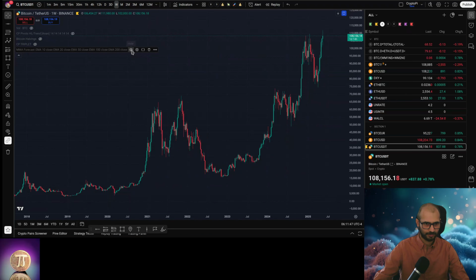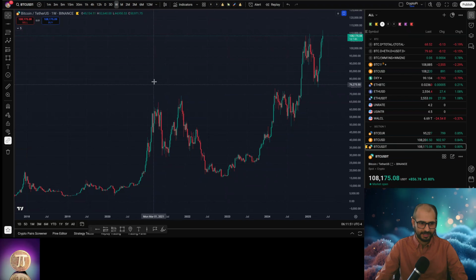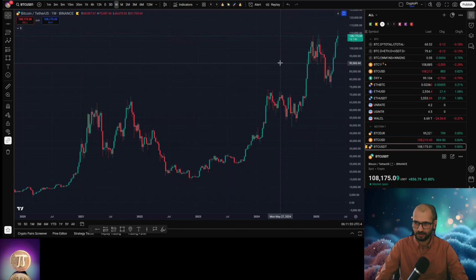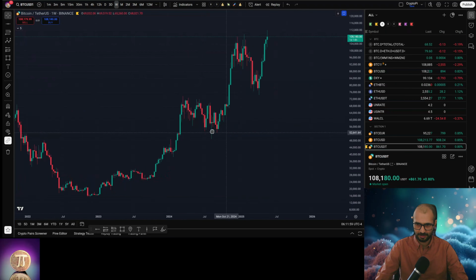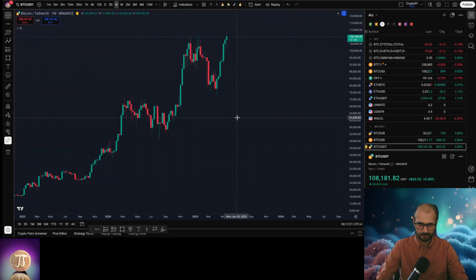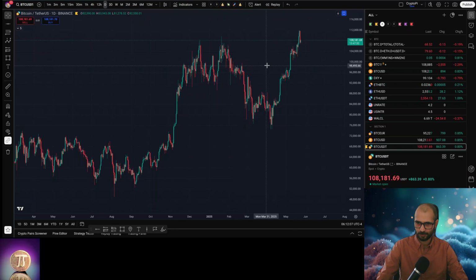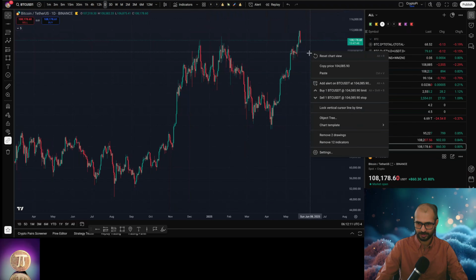Let's hide this moving average for the moment. The other thing which TradingView offers is adding alerts. So here, let's say my analysis tells me that at one point before Bitcoin shooting up very high, it might come back to 104K.